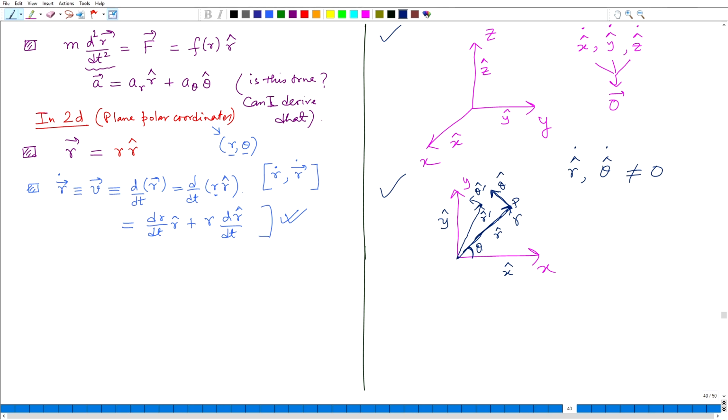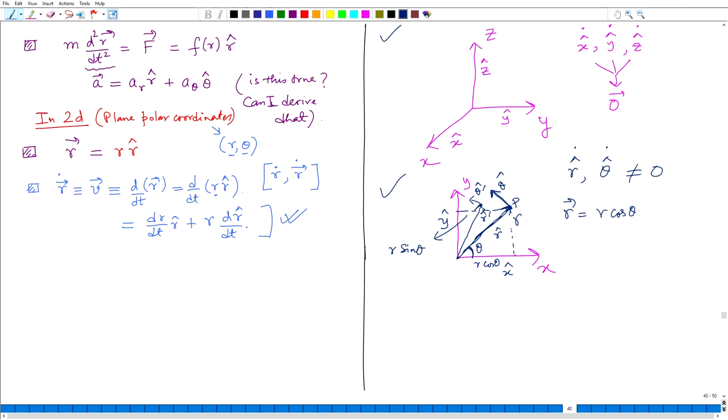Now, what will they be? For that, there is a very easy way. I know that in general the r vector in plane polar coordinates is nothing but r cos theta. From this one you can just draw this. What is x? x is r cos theta, and y is r sin theta.